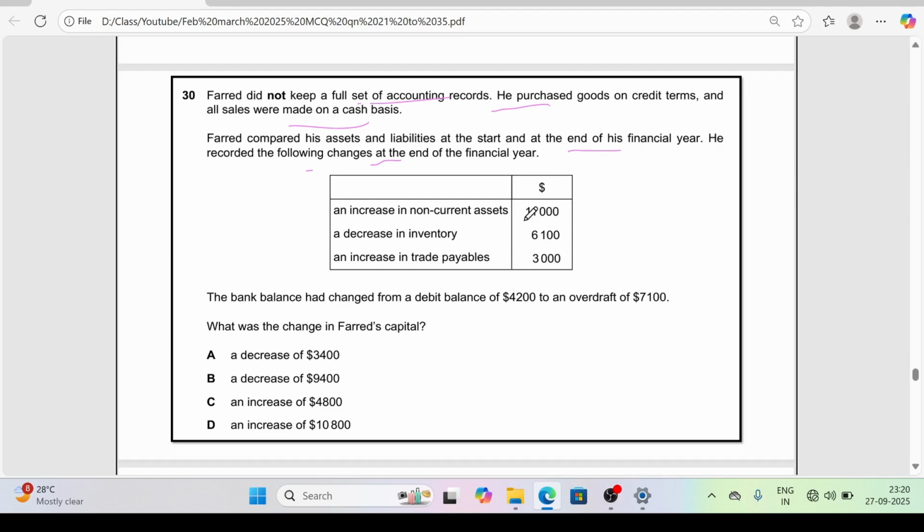An increase in non-current assets 11,000, a decrease in inventory 6,100, then an increase in trade payables 3,000. The bank balance had changed from a debit balance of 4,200 to an overdraft of 7,100. What was the change in Farad's capital?